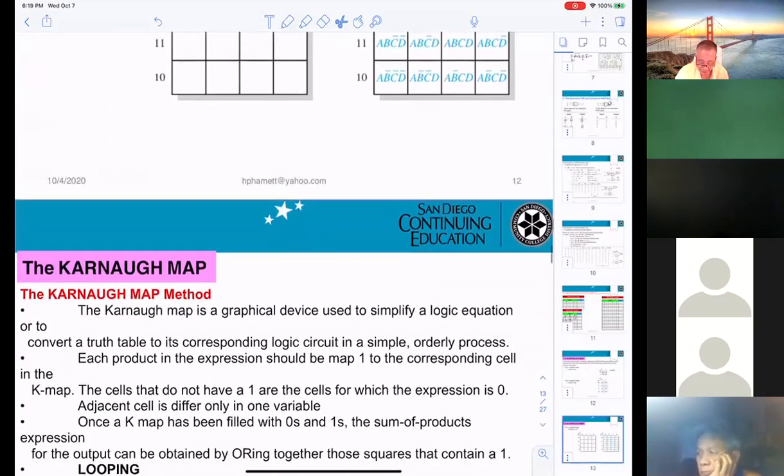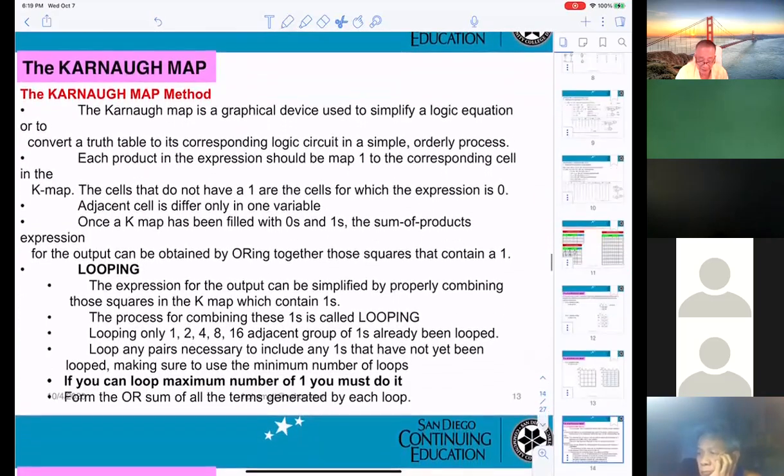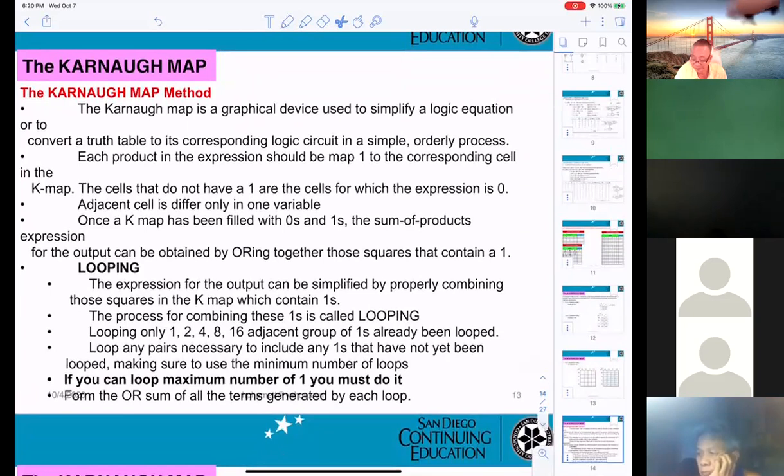Now let's see what else. Now the K-map here. Try to follow the rules. The K-map is a graphical device used to simplify logic equations. Okay. Or it can be used for converting a truth table into the corresponding logic circuit in a simple, orderly process.